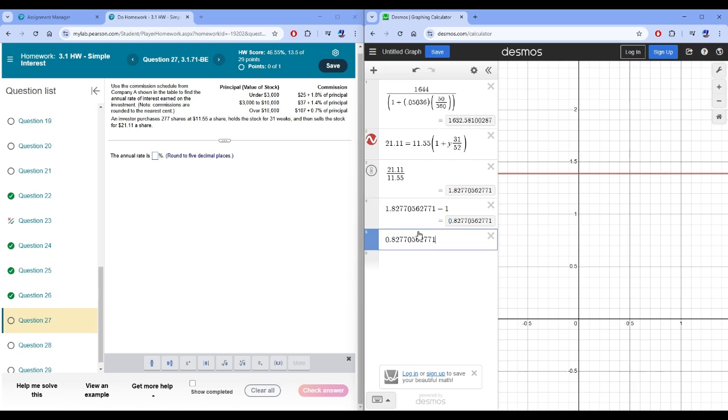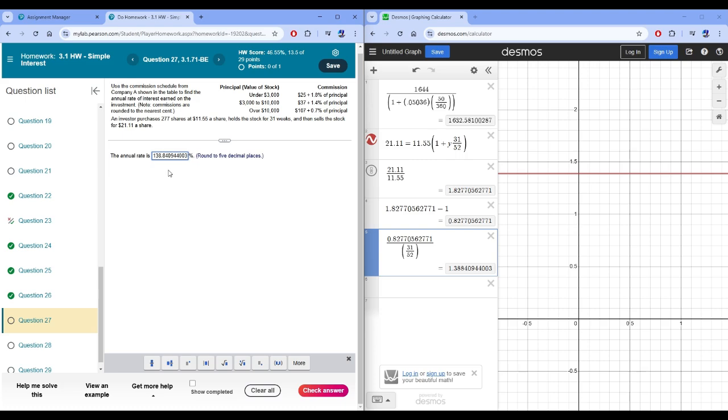This answer divided by my fraction, which is going to be 31 over 52. So my interest rate is this. So that's going to put that right there.